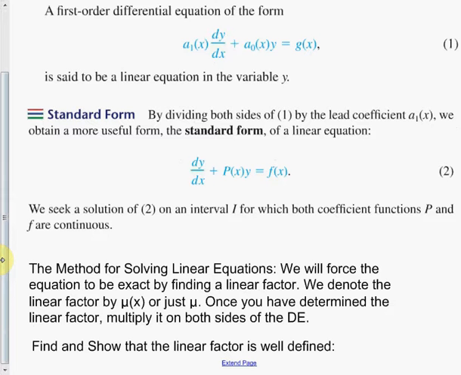Find and show that the integrating factor is well defined. Here's what I mean, that we need to be able to have some type of evidence to what we're doing to show that whatever we're doing here makes sense. I left a blank page to do that.